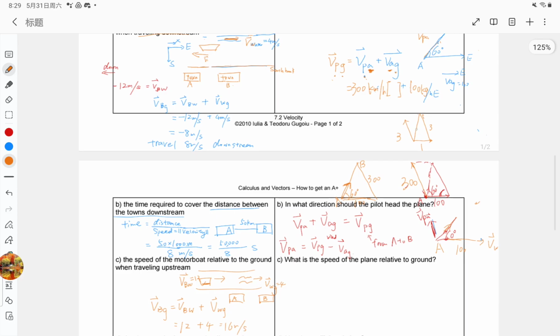I don't have an obvious answer, but the resultant should be here, right? I think it just requires some careful calculation.